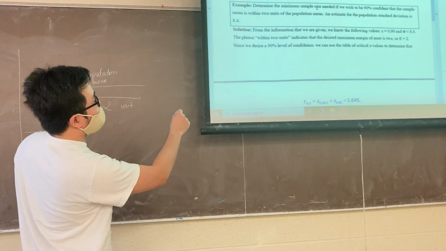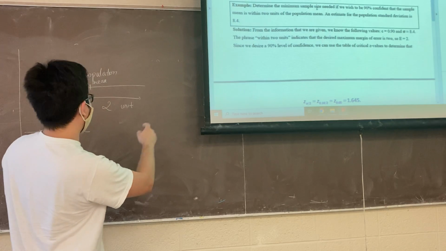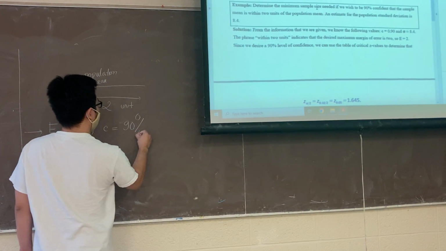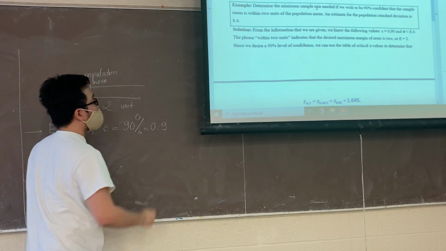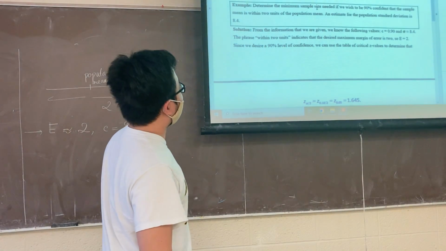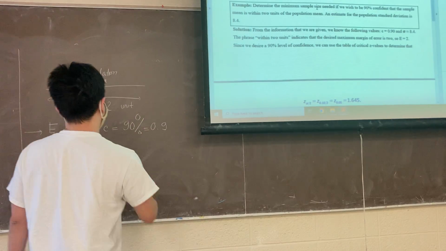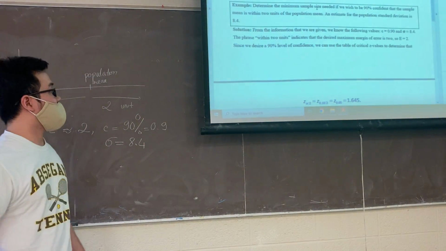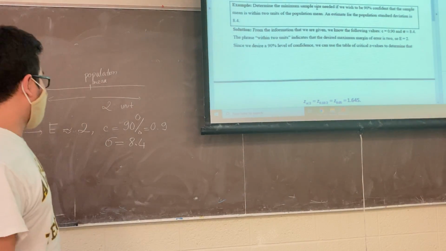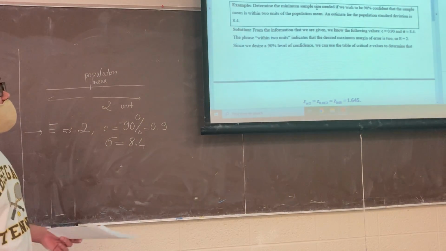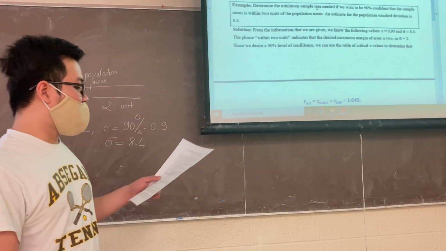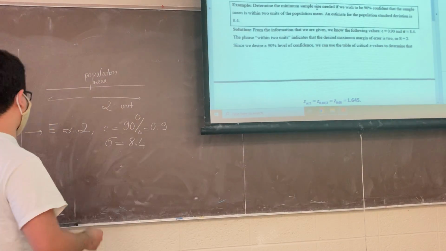They give us the confidence level, 90%, which is 0.9, and the standard deviation, 8.4. So now we have all the information, and we can apply the formula to get the minimum sample size.